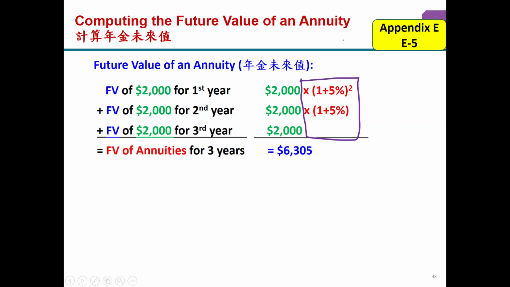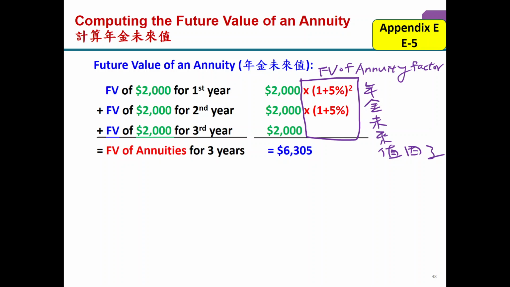We call it on your table 2, future value of annuity, future value of annuity factor. 未来年金未来值因子。Okay, so for this part, accounting will do it for you guys already.